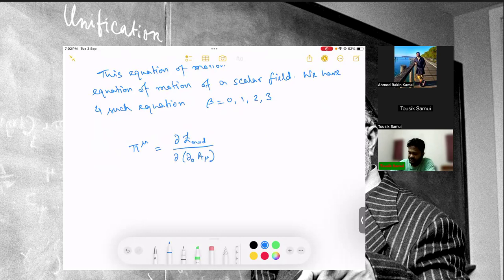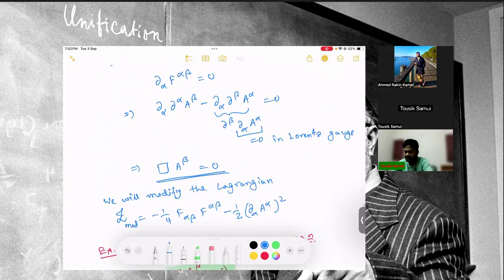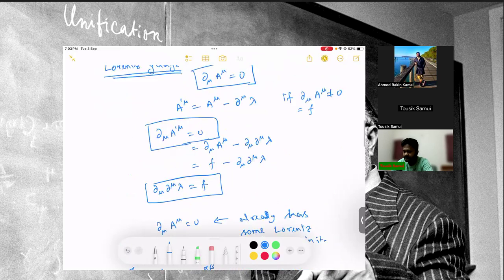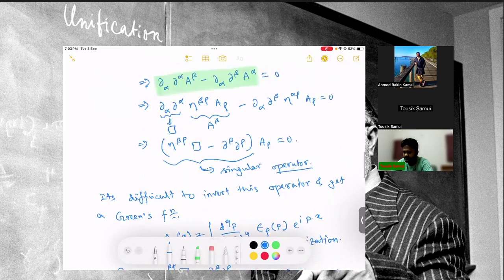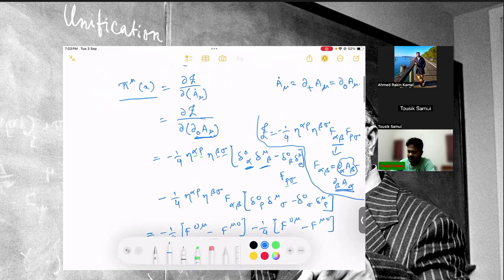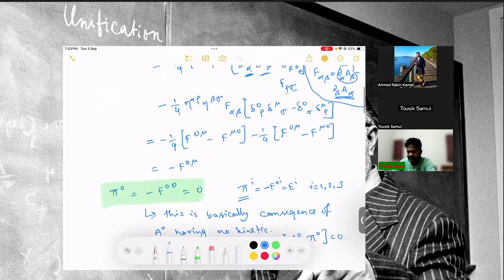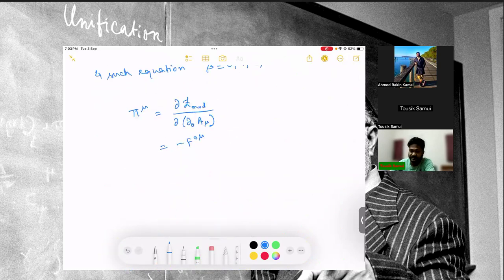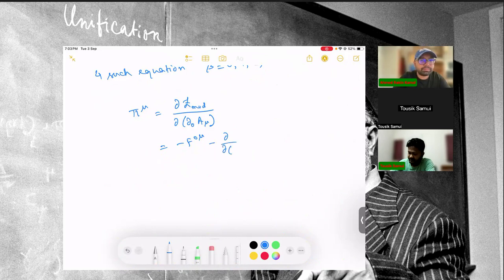And we already know the first term is F^{0μ}. So π^μ, as we can see, is nothing but minus F^{0μ} from the first term, and from the second we will do it in the same way as we did before.